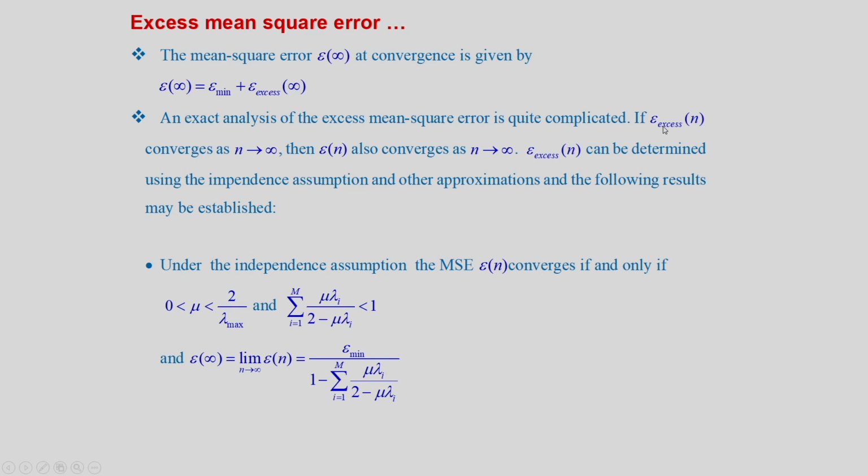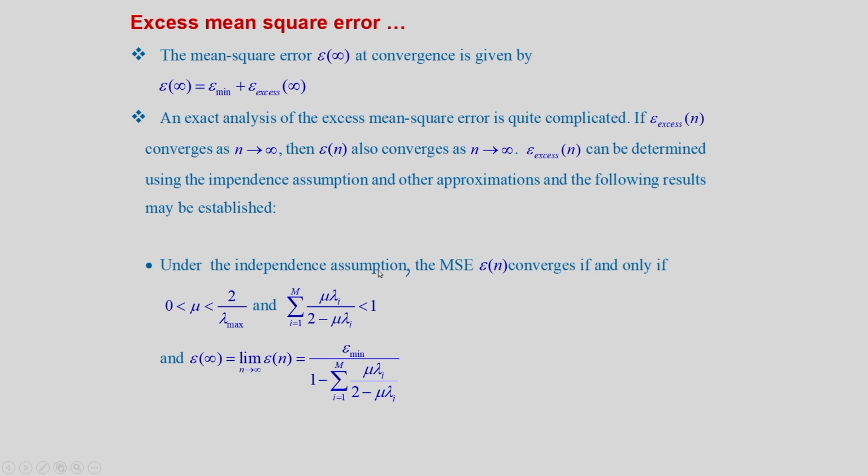If the excess mean square error converges as n tends to infinity, then the MSE will also converge, because if this part converges, this part will also be converging. The excess mean square error can be determined using the independence assumption and other approximations, and the following results may be established. We will not establish it, but this is a very important result.